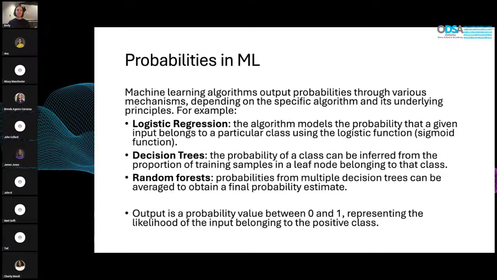If 70 of the 100 trees vote 1 and 30 vote 0, then maybe it's a 70% probability. There's a higher confidence, a higher likelihood, because more trees are voting yes. So the output is a probability.